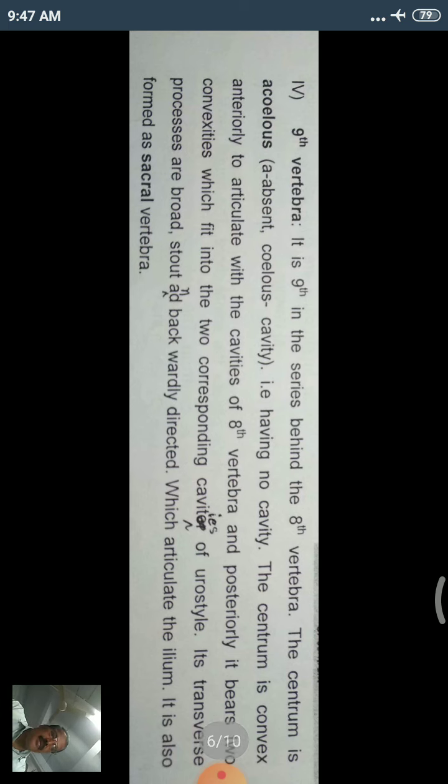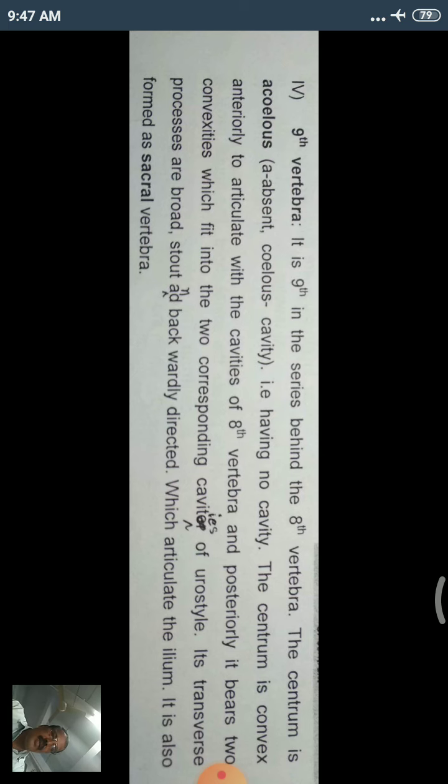Ninth vertebra. It is the ninth in the series behind the eighth vertebra. The centrum is acoelous. A means absent, coelous means cavity. That means having no cavity.